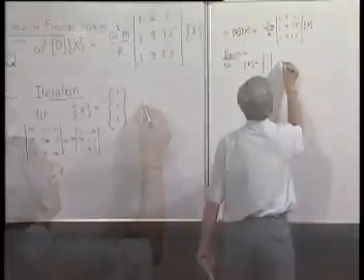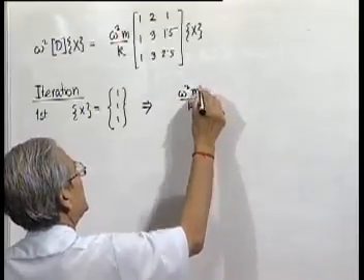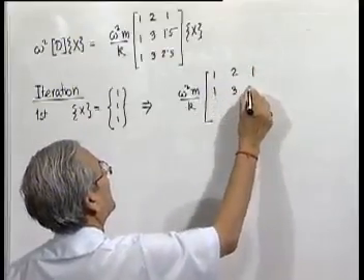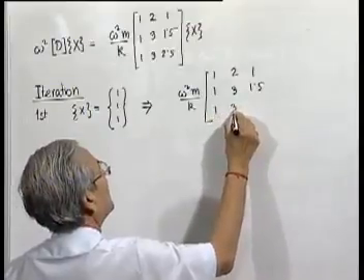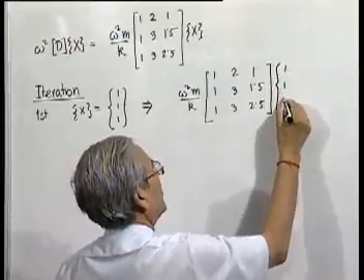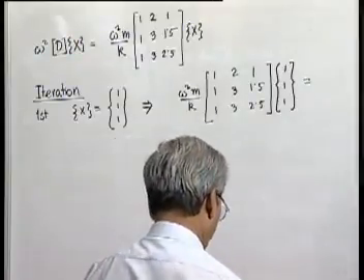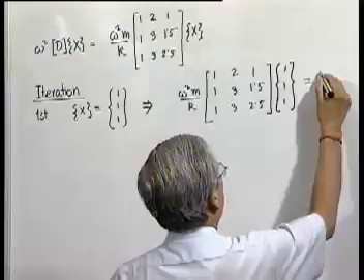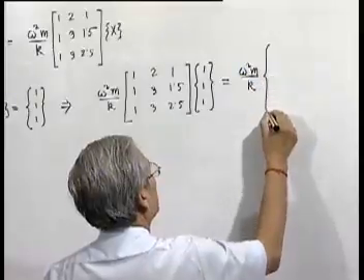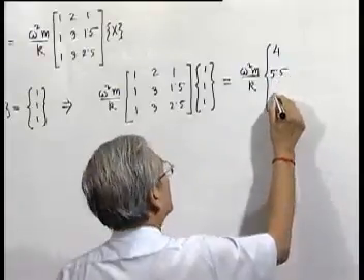So if we substitute this here, we will get omega square m by k, one particular case I am writing, times 1 1 1. This will be omega square m by k times 4, 5.5, 6.5.